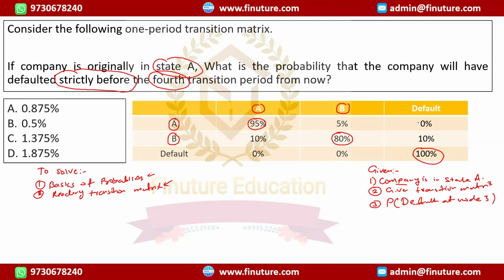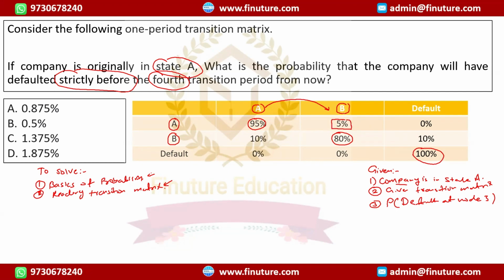Now see, diagonal elements are very easy to understand. Now very important, the non-diagonal items, these terms of the matrix are very important. So when I talk about this first row, what essentially tells me the probability that A will be downgraded to B is 5%.